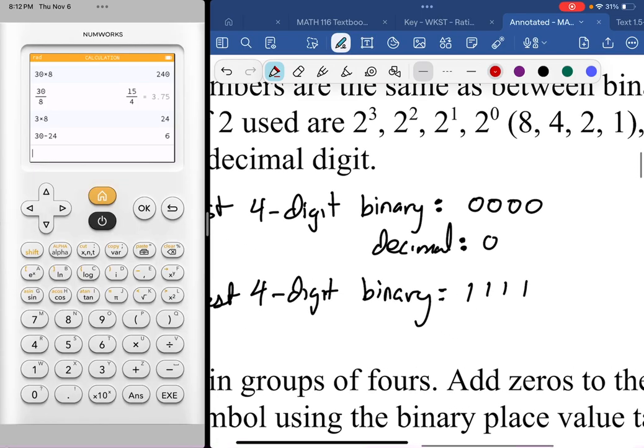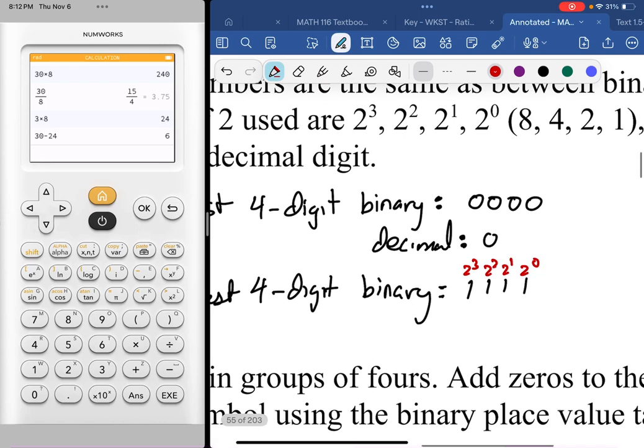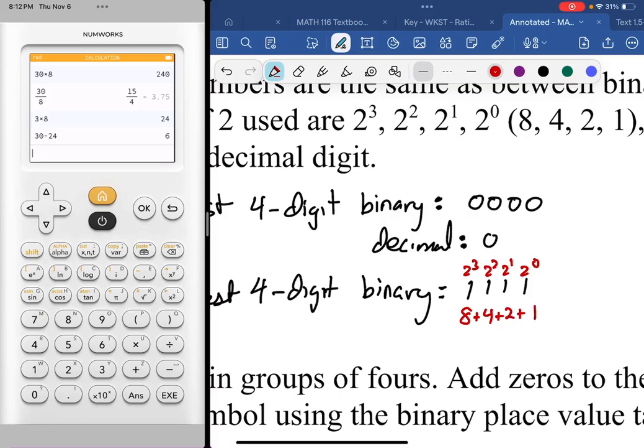And again, to convert that to decimal, it would be 2 to the third, 2 to the second, 2 to the first, 2 to the 0th. So 2 to the third is 8, times 1 is 8, plus 2 to the second is 4, times 1 is 4, 2 to the first times 1, so 2 times 1 is 2, and then 1 times 1 is 1.